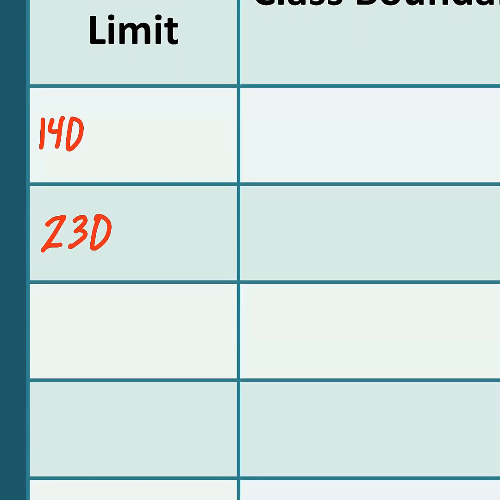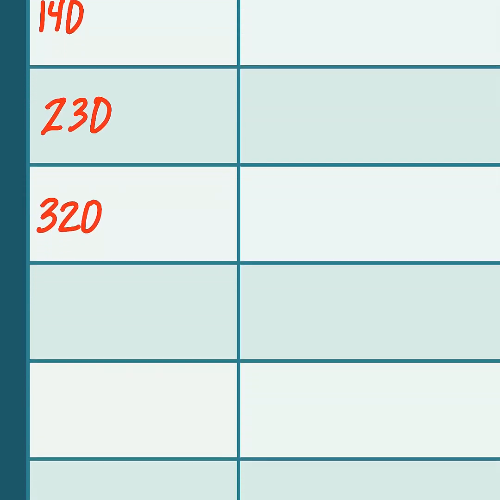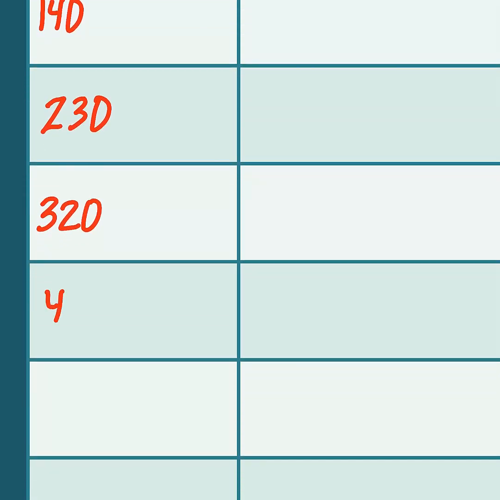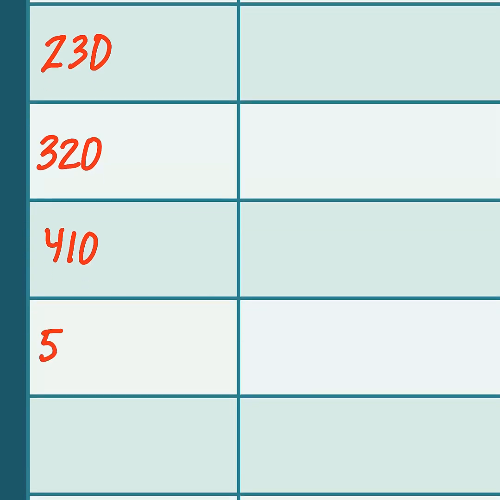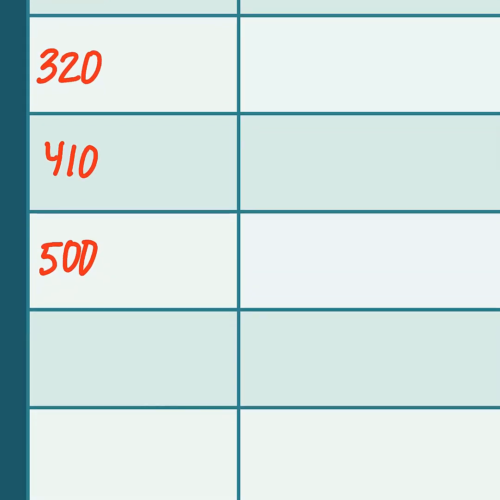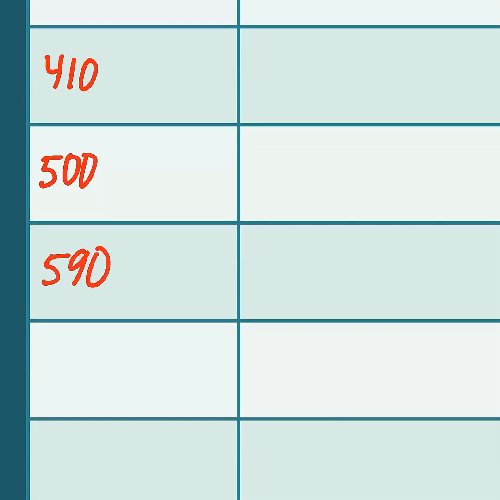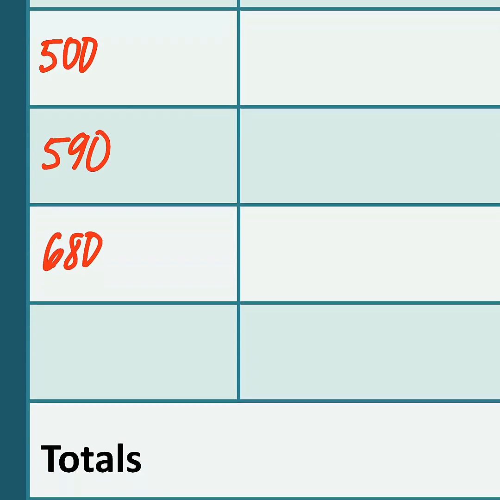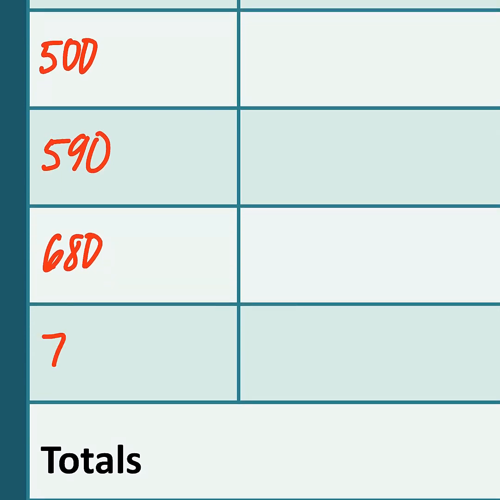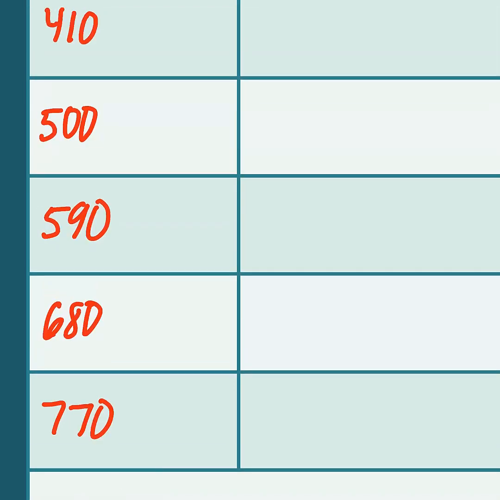So 230 plus 90 is 320. Add another 90, I get 410. 500. 590. 680. 770.